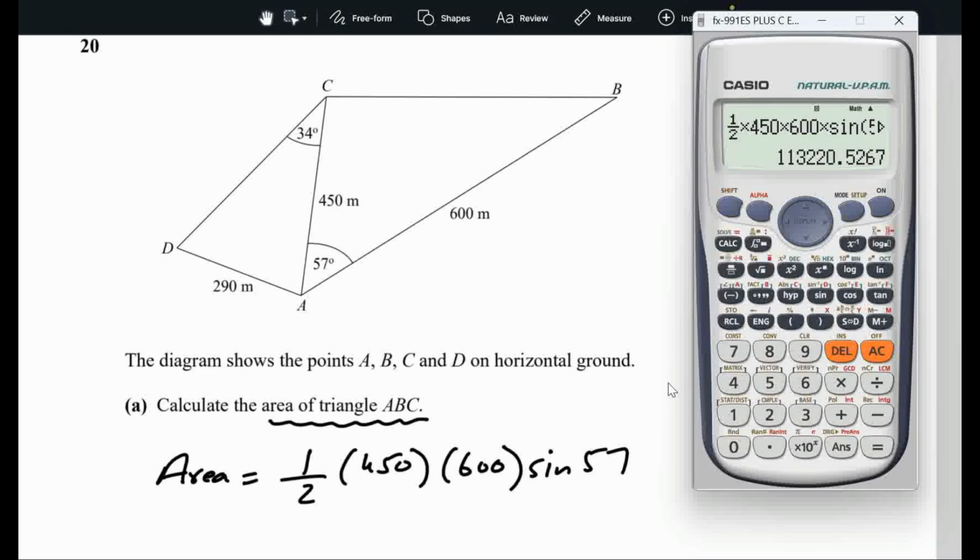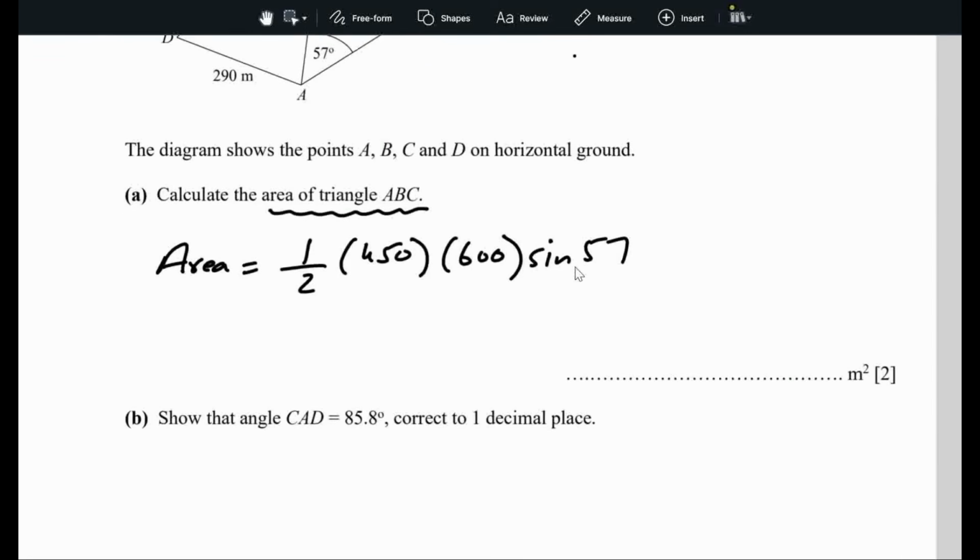So this will be equal to 113,220.525267 and so on.